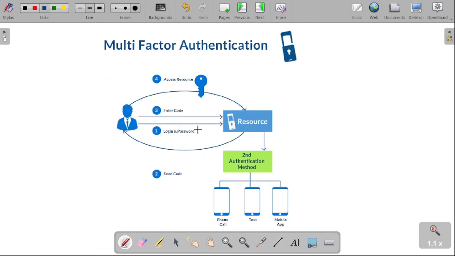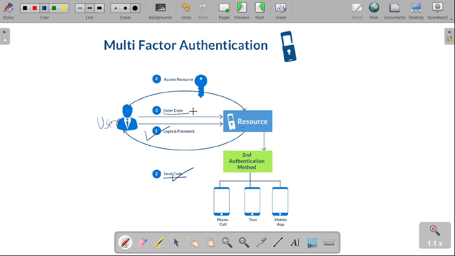These are the steps involved in multi-factor authentication. First of all, the user will enter their login name and password. In the second step, once the user has entered their login name and password, an OTP code will be sent to the registered mobile number of the user.